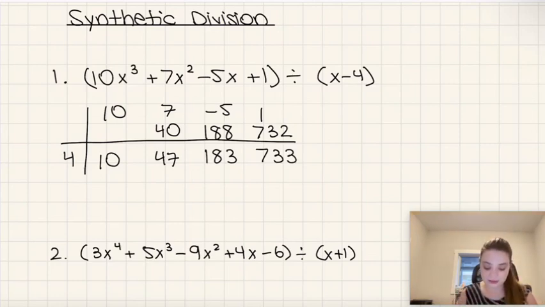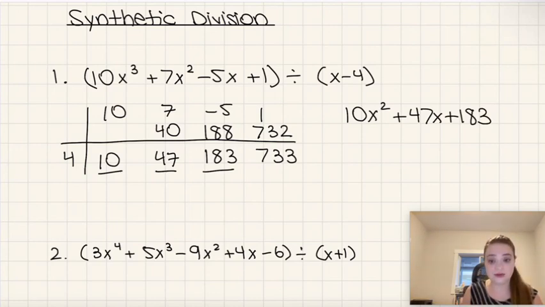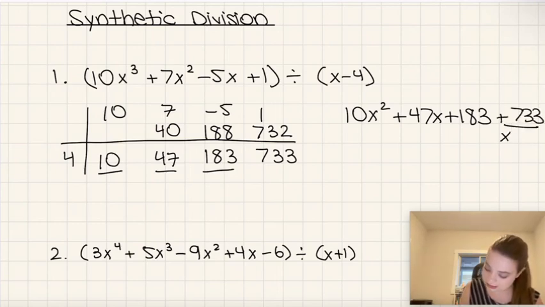And so our answer is going to be 10x squared, because of this 10 here, plus 47x, which is because of this here, plus 183, because of this here, and then 733 is the remainder. So then I'm going to put plus 733 over x minus 4, like that. And so that's the final answer for that first one.